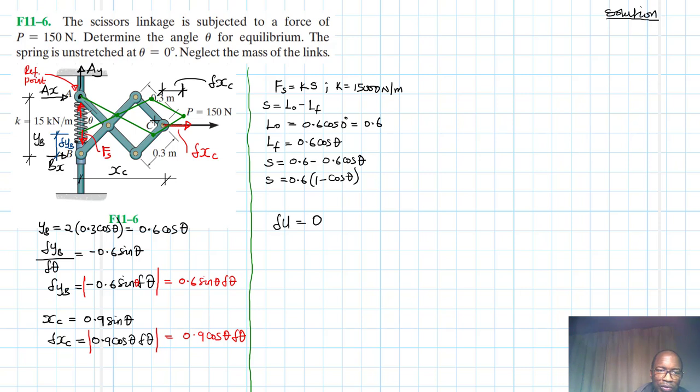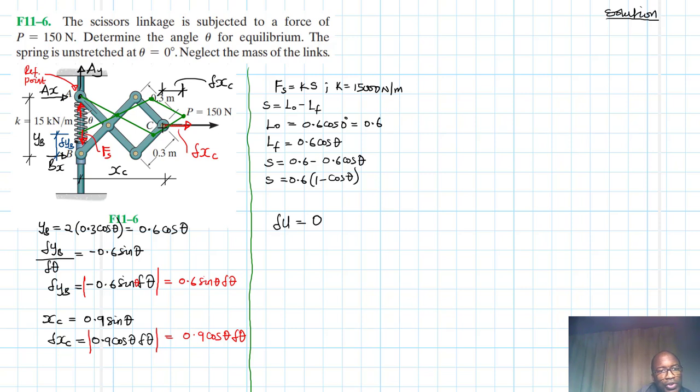We must have a force, we must have a displacement. If any of the two is missing, then you expect virtual work at that particular point to be equal to 0. You need to have both. And we said if they are moving in the same direction, because they must be parallel, you have positive work. If they are in the opposite direction, then you have negative work.